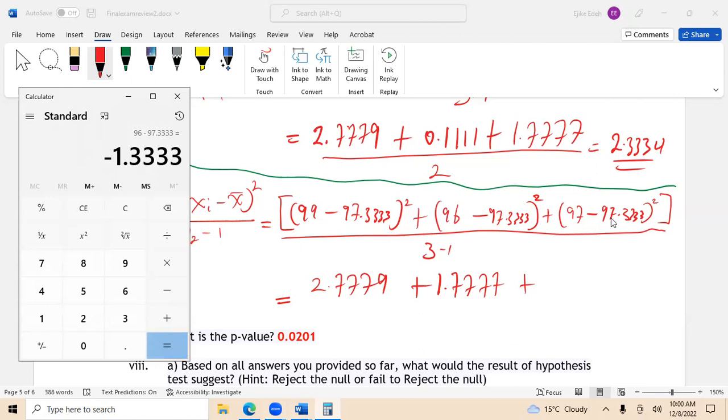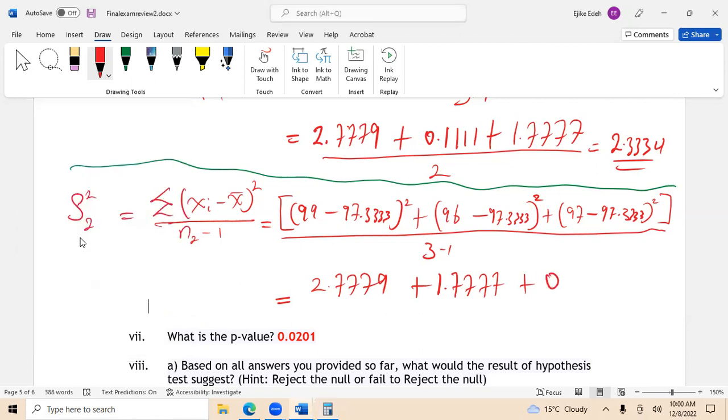And this is supposed to be 97. Okay, let's watch that carefully. So we should be doing 97. So let's say 97 minus 97.3333. That should be negative 0 point something there, and we square that. So we have 0.1111. So it looks like the first answer, but their values are in different positions.